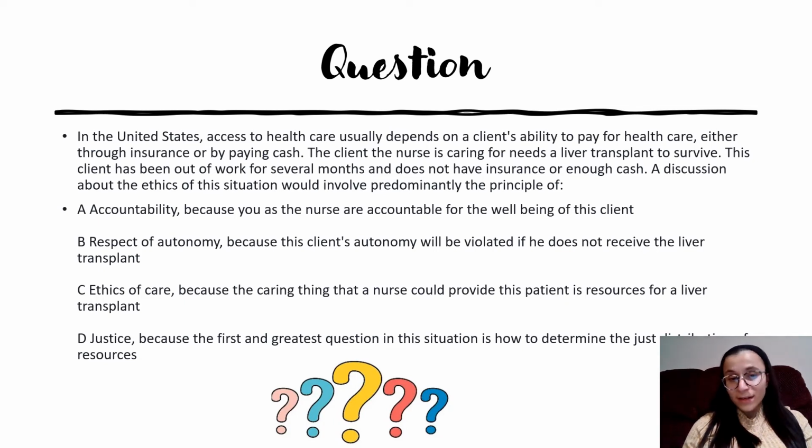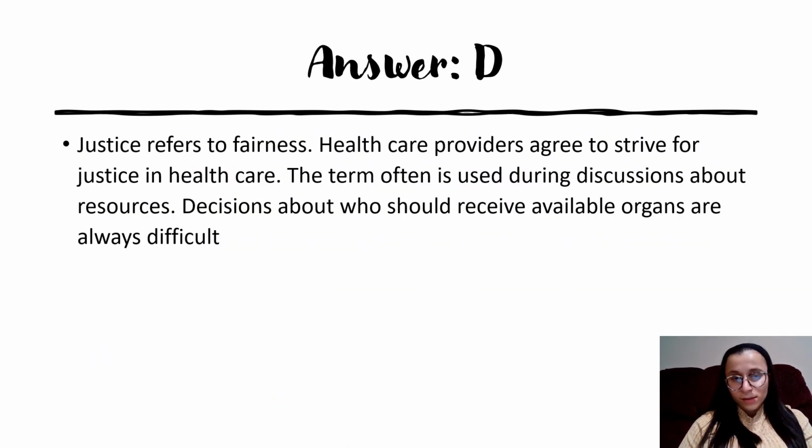Number three, ethics of care, because caring to provide for this patient, etc. Number four is justice, because the first and greatest question in this situation is how to get it for them because they don't have insurance. So it's going to be justice, fairness for all. Even if they don't have insurance or money, you want to give everybody the ability to get healthcare.